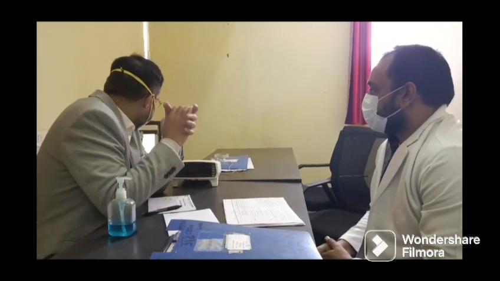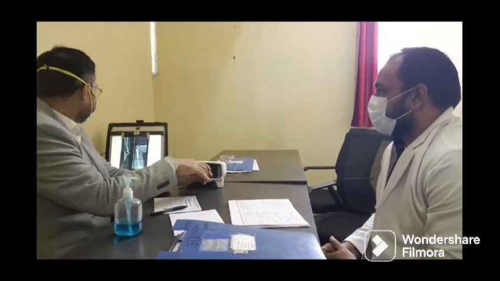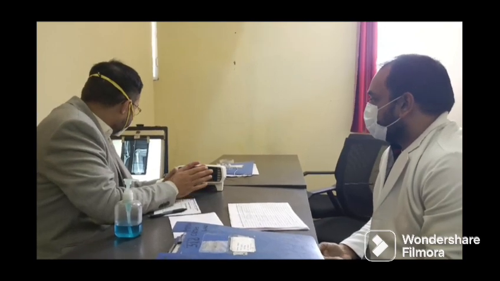I cannot find any bony pathology or contracture, because the three-point relationship was maintained, and there is no extra bony prominence on the elbow joint as well, which could be restricting the flexion.